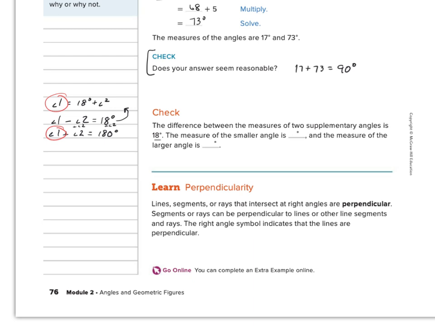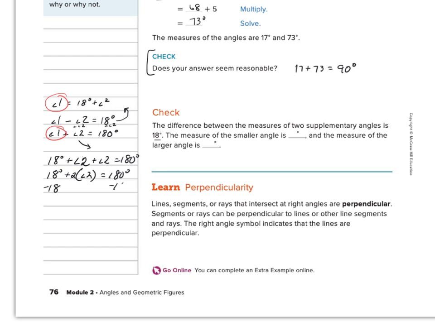So instead of using angle 1, I'm going to use 18 degrees plus angle 2, plus, I'm going to bring that down, angle 2 equals 180 degrees. I know 18 degrees plus 2 times angle 2, because there's two angle 2's now, is equal to 180 degrees.